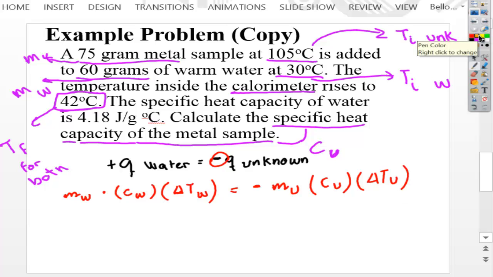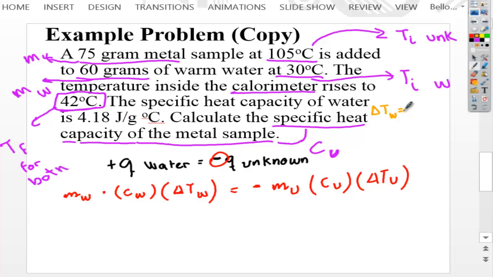Before I move any further, I'm gonna calculate the delta T of the water and the delta T of the unknown. Okay? How do I do that? What did we say delta T was? Changing temperature, which is equal to what? Final minus initial. Okay? So the delta T of water is equal to what?